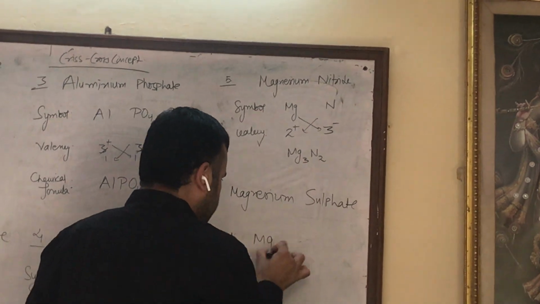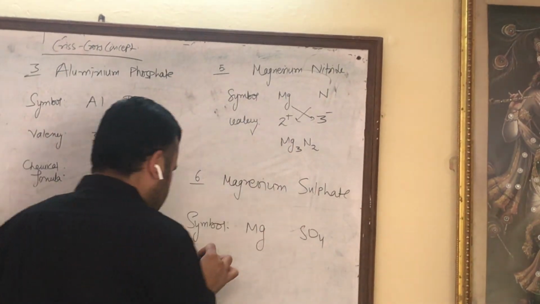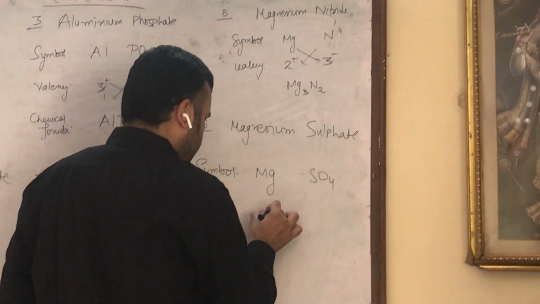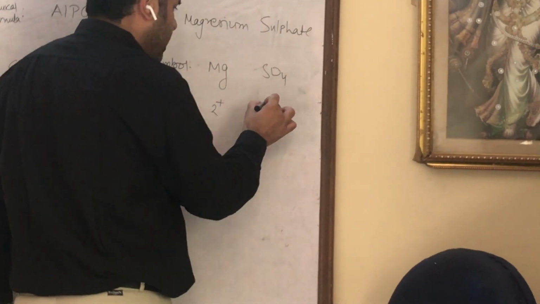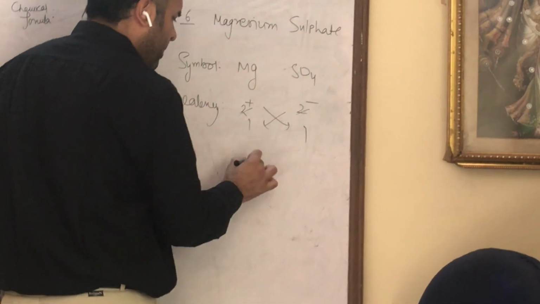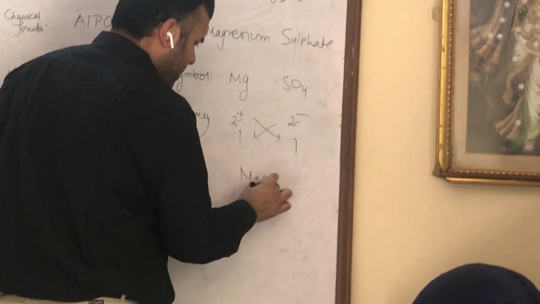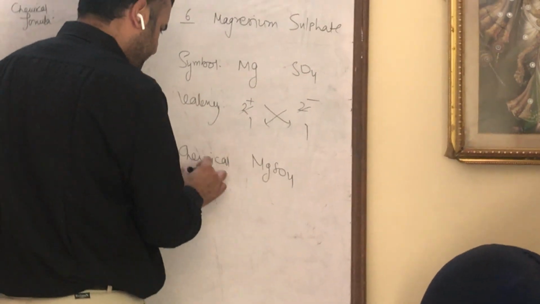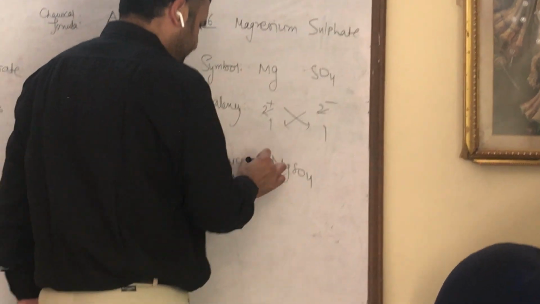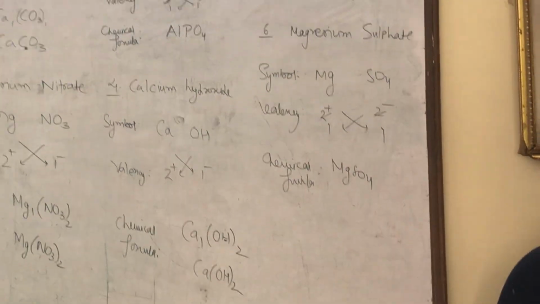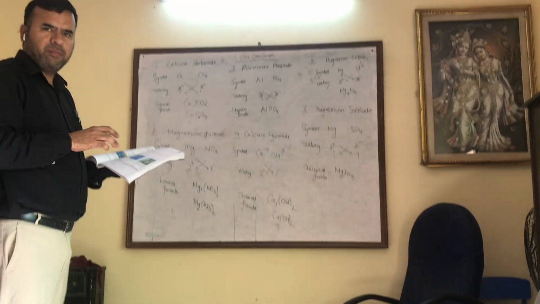Symbol Mg, and here is SO4. Valency, it's 2 plus and SO4 is 2 minus. Cut this. So the chemical formula is MgSO4. MgSO4 for magnesium sulfate. Take a clear pic of this.